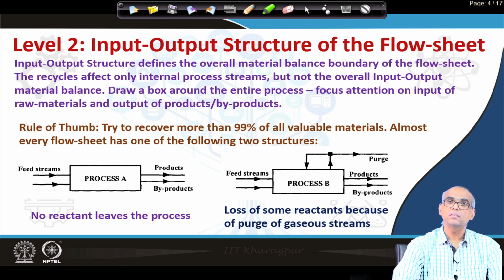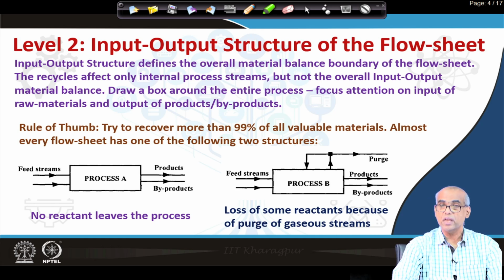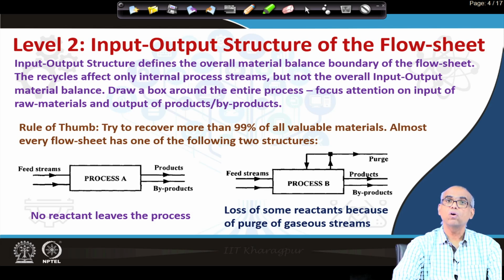Note that the unconverted reactant you would like to send back to the reactor as recycle, but the inert or the impurity must be purged out from the process, otherwise it will build up in the recycle loop and stop the process.